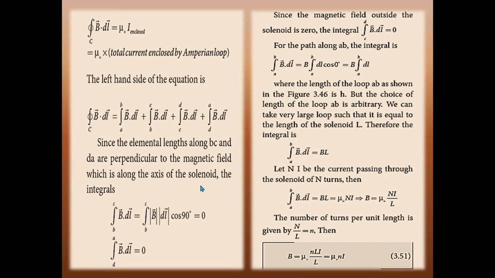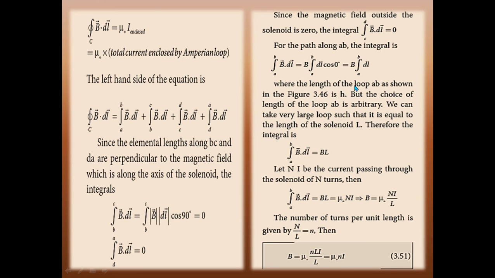So that is why the theta value is 0 degree. Cos 0 degree is nothing but 1. So B times integration of A to B of dl. Integration of dl is nothing but L, the length of the coil, represented by capital L.